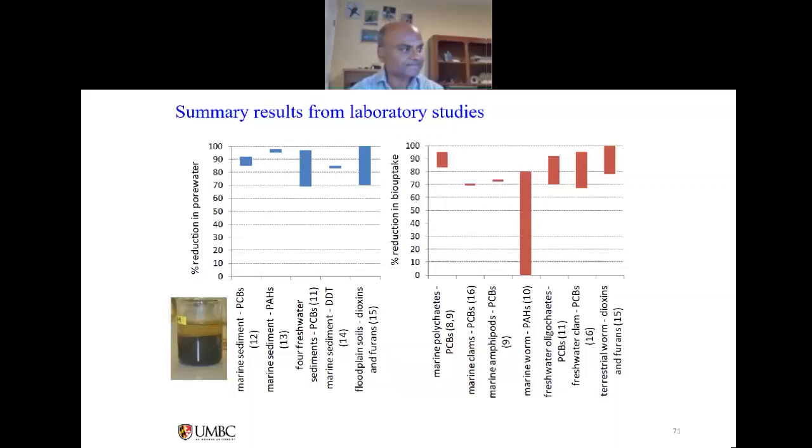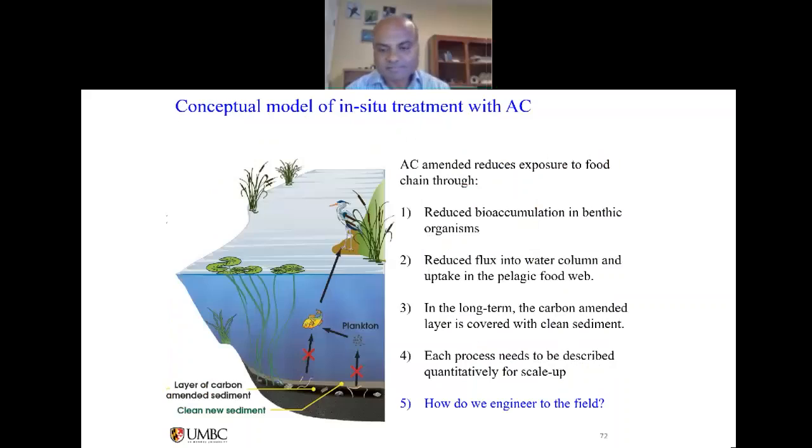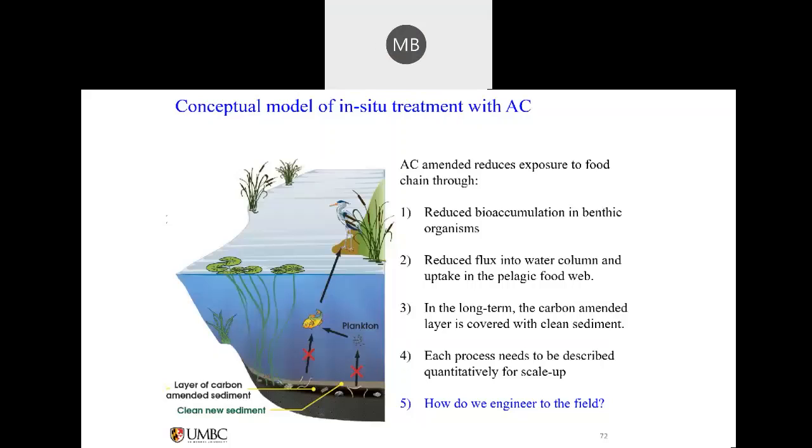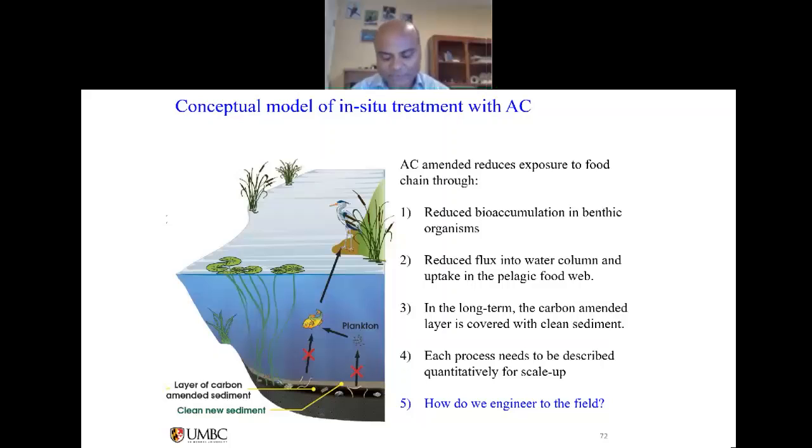Next slide, please. Conceptually, the way this might work is that we may be able to amend the surface of contaminated sediments with a carbon amendment that has a very strong sorption capacity for the chemicals that we are targeting. That would create a layer on the top surface of the sediments, which basically interrupts that pathway of exposure into the fish. So direct exposure from ingestion of sediments and the sediment-living organisms by the fish, which is the left arrow in the bottom there.